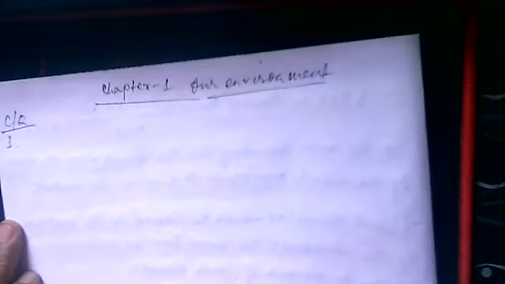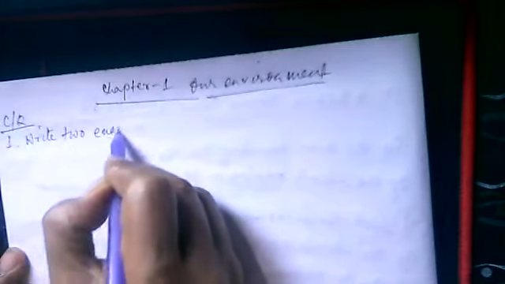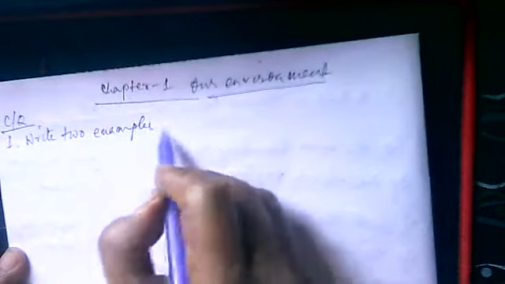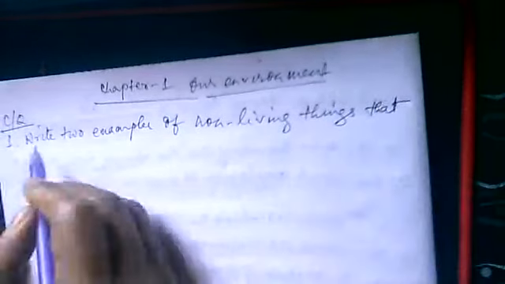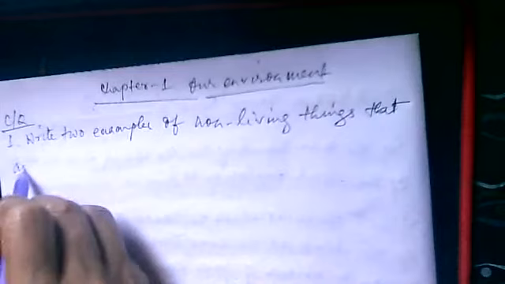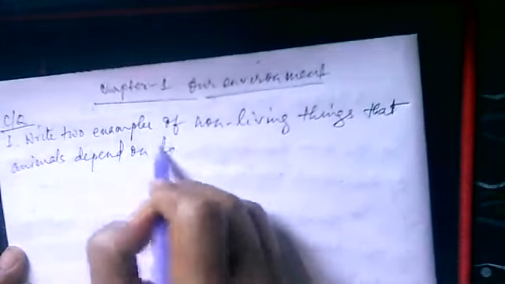Write 2 examples of non-living things that animals depend on to live.